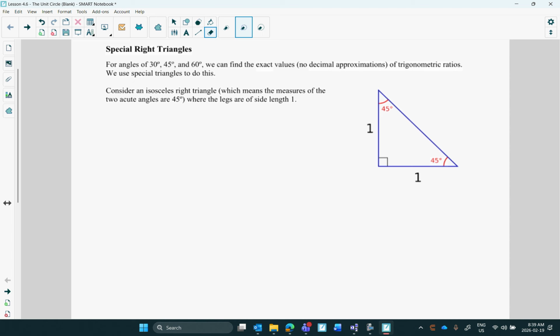So by Pythagoras, we could find the hypotenuse.